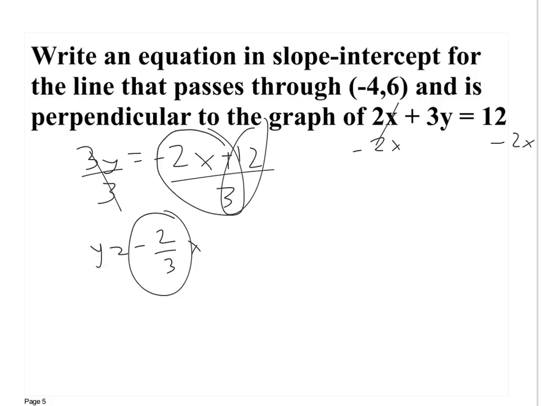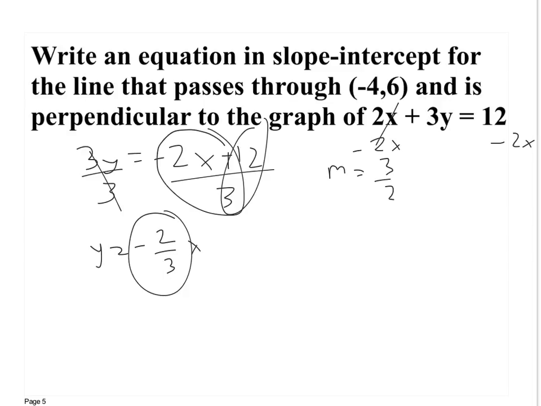Now, what would be a slope of a line that's perpendicular to this? Positive 3/2. So I flip it. M is 3/2. So I plug that in, and the easiest thing to use is point slope form, right?